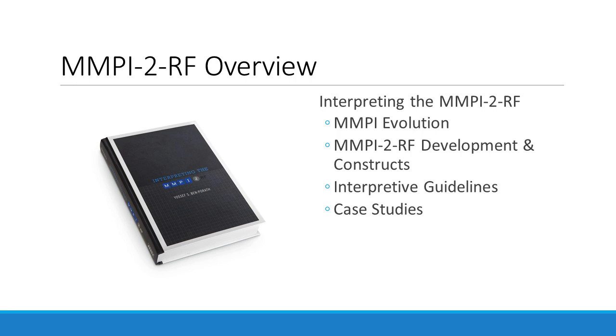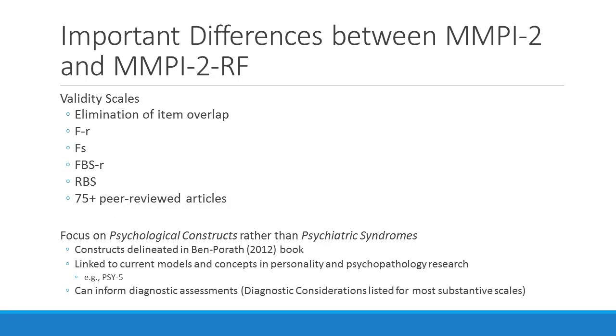For those of you who want to know more about the general use of the MMPI-2-RF, the evolution of the MMPI instrument into the RF, the development of the various scales and underlying constructs for MMPI-2-RF scales, interpretive guidelines, and various case studies, I recommend that you consider Yossi Ben-Porath's book, Interpreting the MMPI-2-RF.